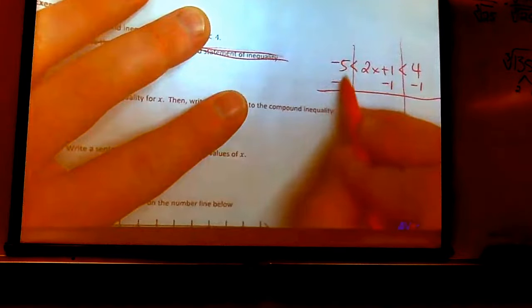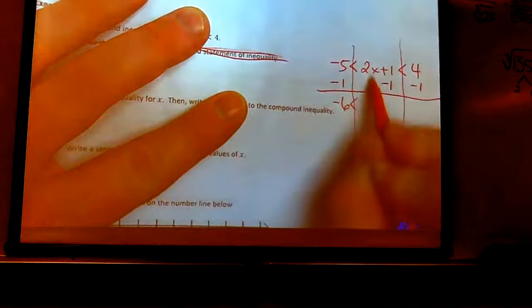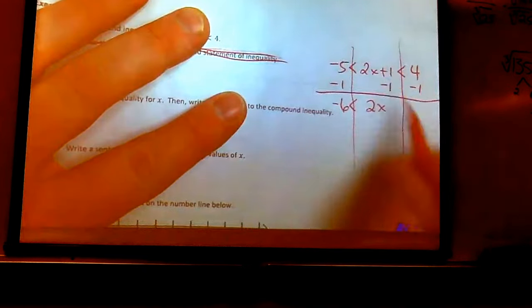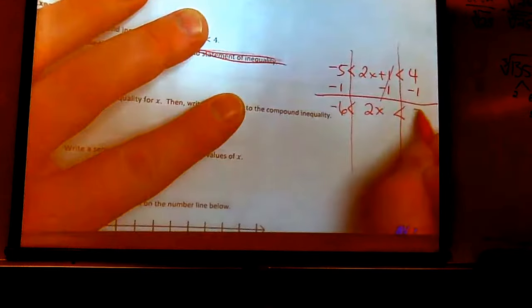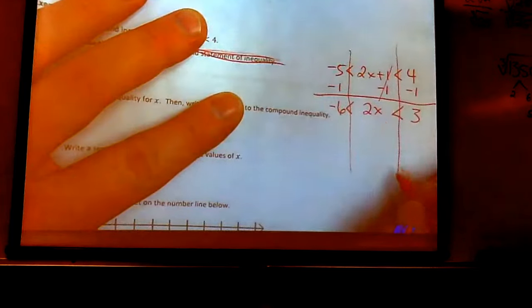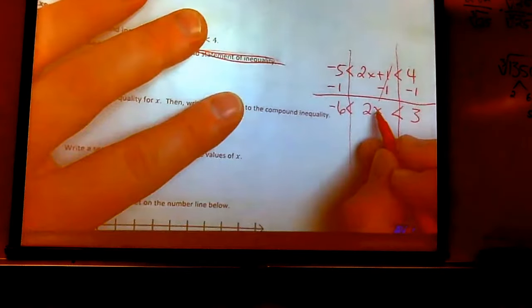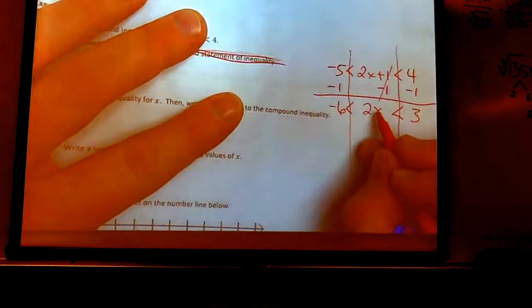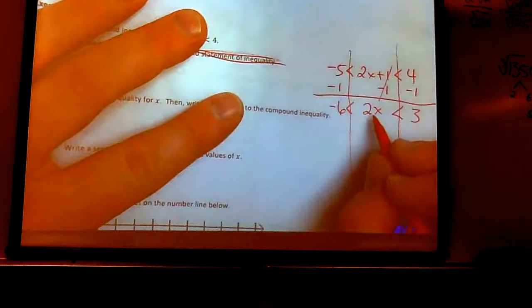So what do you get over here? -6 is less than 2x in the middle. That 1 is gone. Less than 4 minus 1 is 3. We're trying to solve for x, right? So what are we going to do now? Divide by 2.